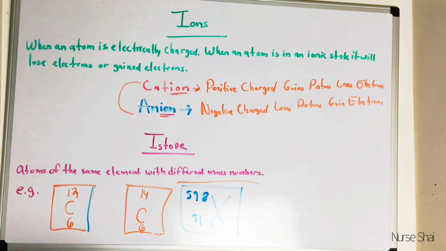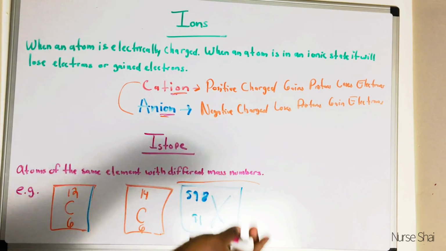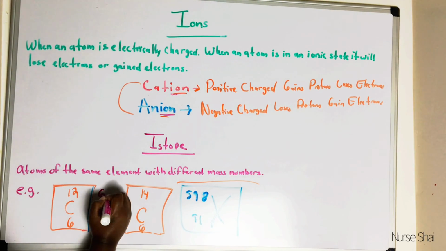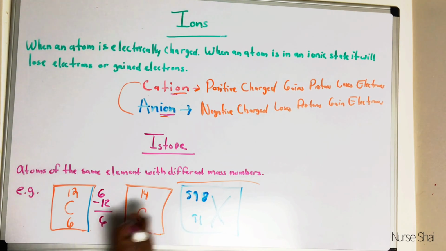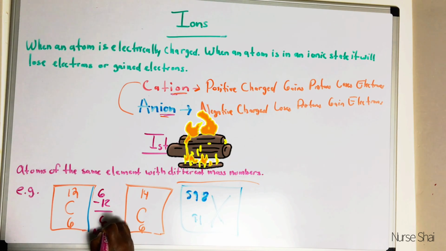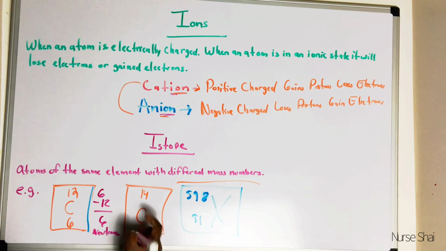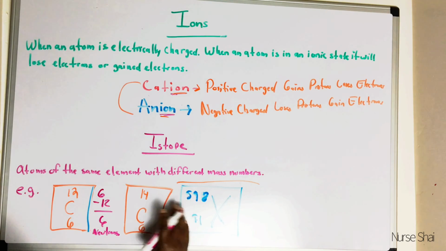How do we find neutrons? Because that's pretty much what isotopes are: different numbers of neutrons, or mass numbers. So you would just go 12 minus 6, that'll give you 6 neutrons. I hope that makes sense to you guys. And then we would do the same thing for this problem here. Let me erase that.